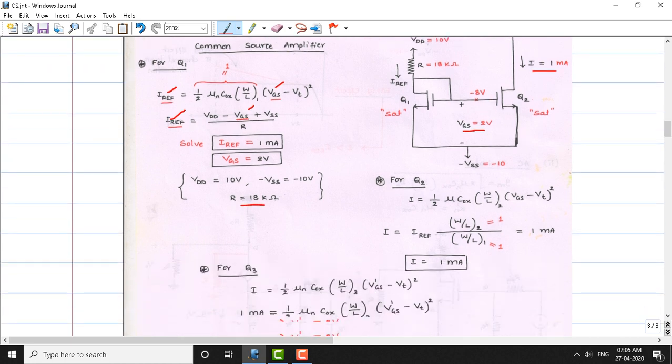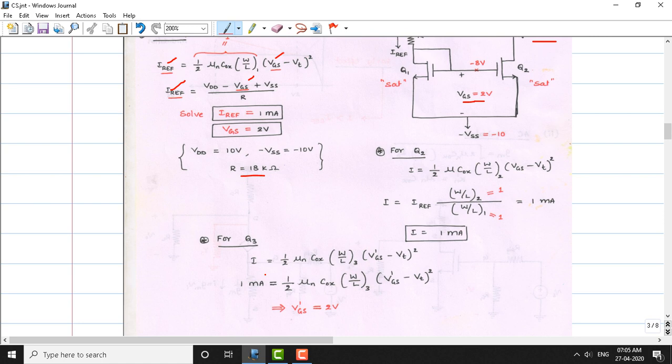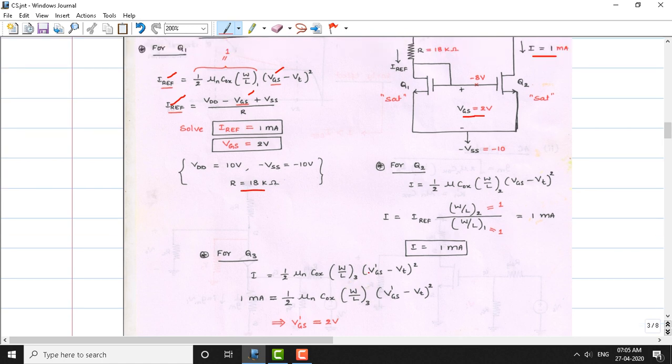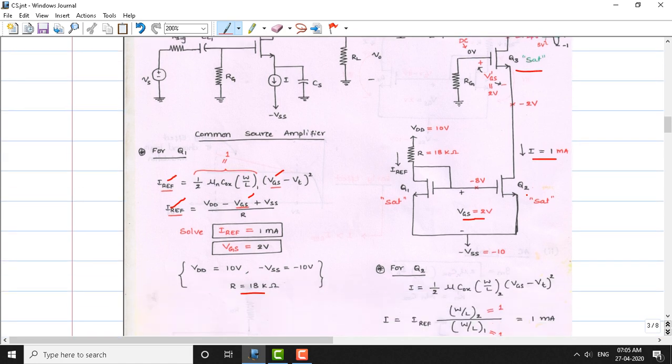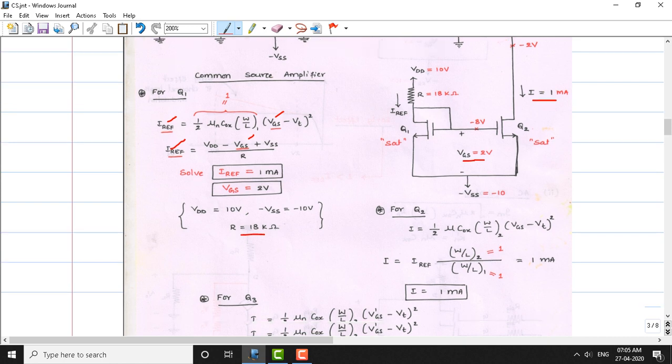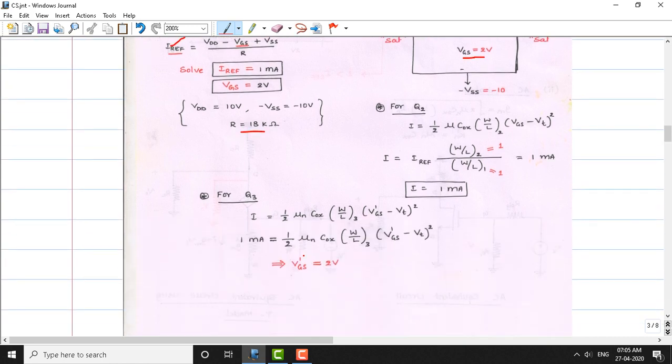Okay, now let's move on to the Q3 transistor. For Q3, it's the same, since I assume this transistor also operates in the saturation region. So if 1 milliampere current flows, the same 1 milliampere should also flow here. Let us see the other voltages now. Since I is the saturation current flowing through Q3, the same current equation applies here.